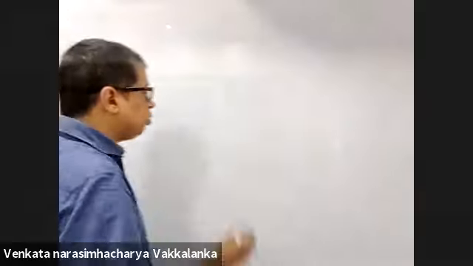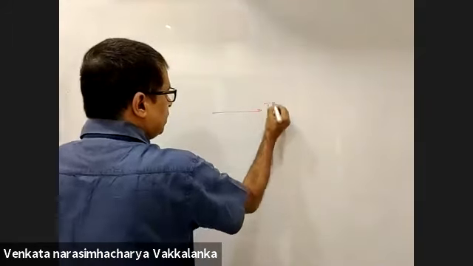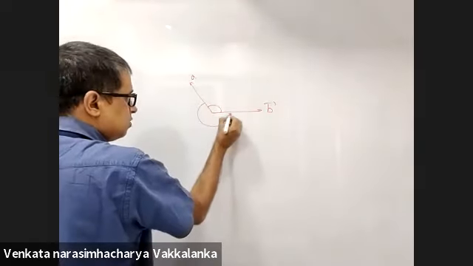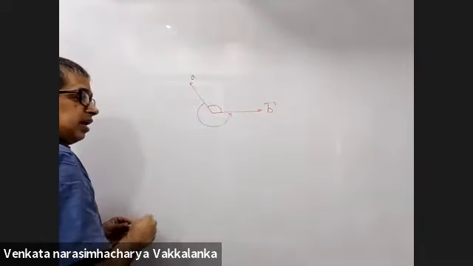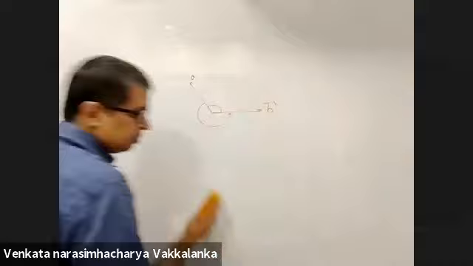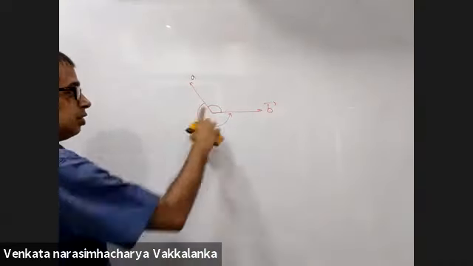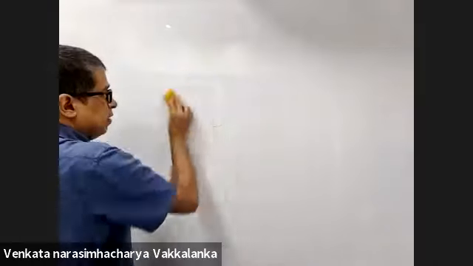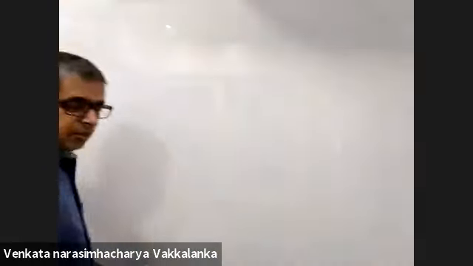There will always be two angles, one smaller angle, one larger angle. If this is B and this is A, this is one angle, this is another angle. The smallest angle is what you will call the angle between the two vectors.